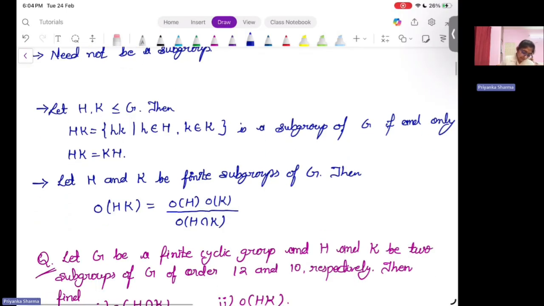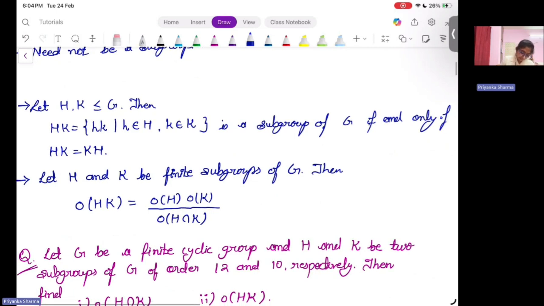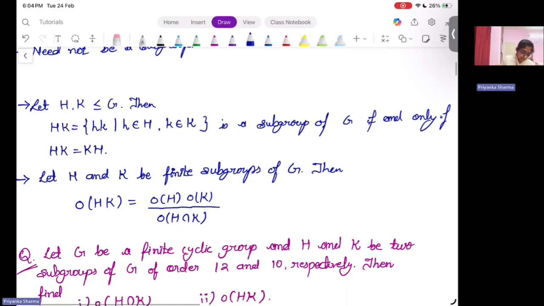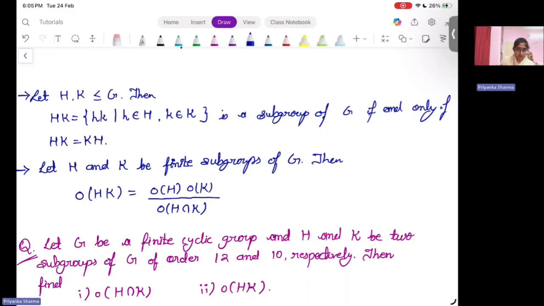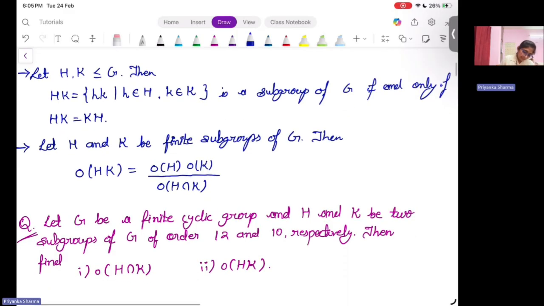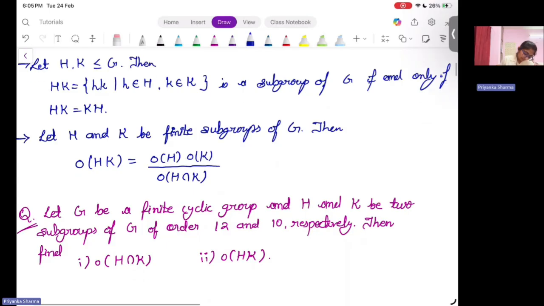So let H and K be two subgroups in G. Then HK, that is their product, is a subgroup of G again, if and only if HK equals KH. That is, there is no restriction on the order of product of elements. Okay, if H and K commute with respect to the product of subgroups, then we say that HK will again form a subgroup of G.